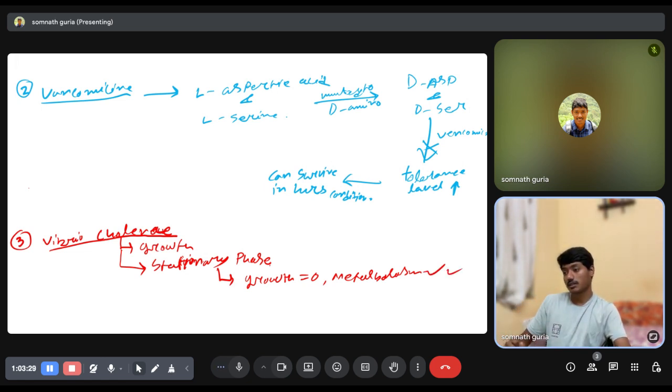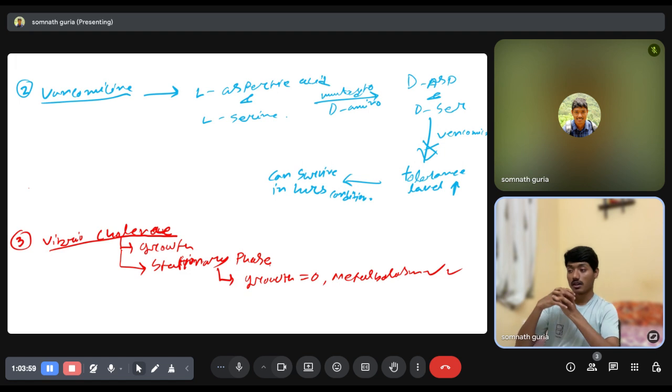In the growth phase, we can use the antibacterial reagent. In that case, we have amino acid synthesis, and we can break down the peptide bond and actually kill the bacteria.